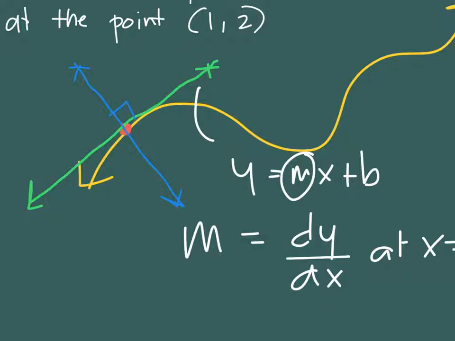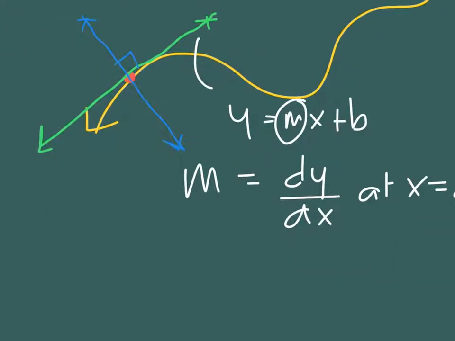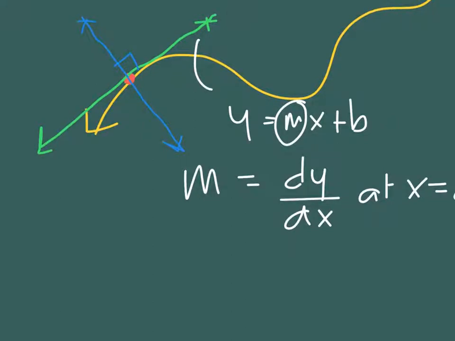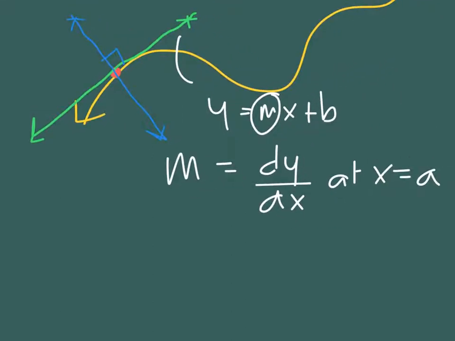And there is a specific relationship between the slope of the tangent line and the line perpendicular to it. What is the relationship? Let's say if m is equal to 2, what is the slope of the normal line if the slope of the tangent line is 2? The negative reciprocal.